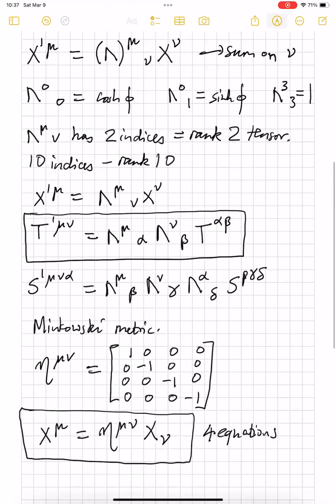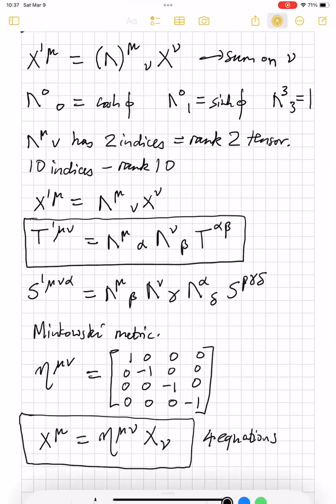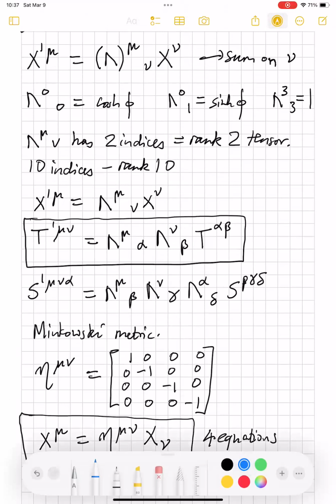In contrast to this, look at the equation that we were studying above. Okay, so I'm going to outline that in blue, that blue equation. So here you can see that lambda mu nu really does behave like a matrix. It acted on a contravariant vector x nu, and it produced a new contravariant vector x prime mu.